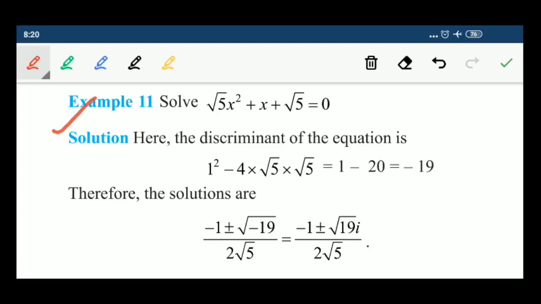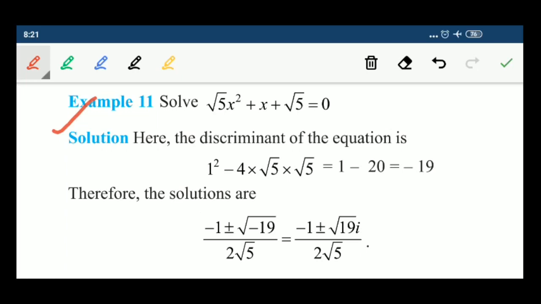So for your clarification, now I am going to solve the next example, example number 11. So what have they given? They have given one equation: under root 5 x square plus x plus under root 5 equals to 0. In the first step you will find the discriminant, and we know the formula is b square minus 4ac.